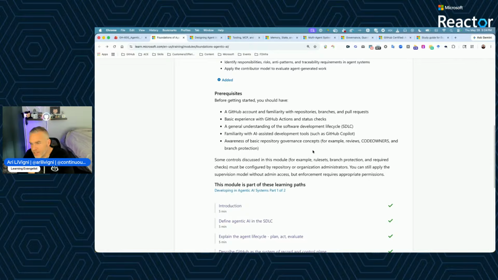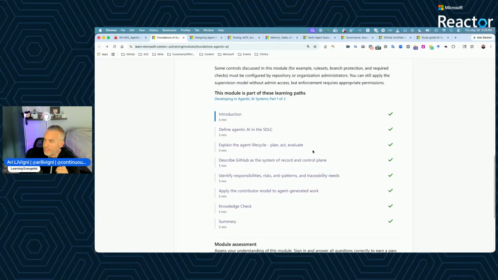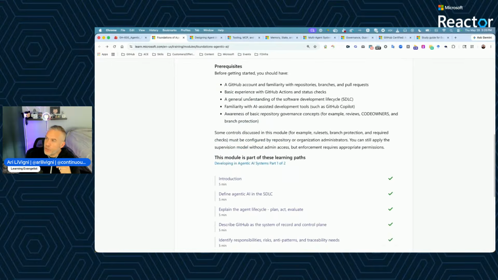And really, as folks have been asking questions of, do I need to know this for the exam? Do I need to know that? The Microsoft Learn modules, not just the individual units that are outlined here, but make sure you understand the prereqs. So before you even get into those modules, maybe you want to take some of these prereqs to understand examples of reviews, the code owners file, branch protection, rule sets.